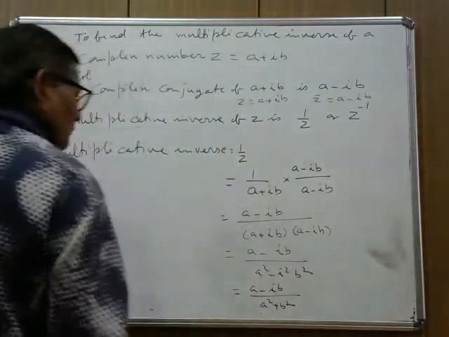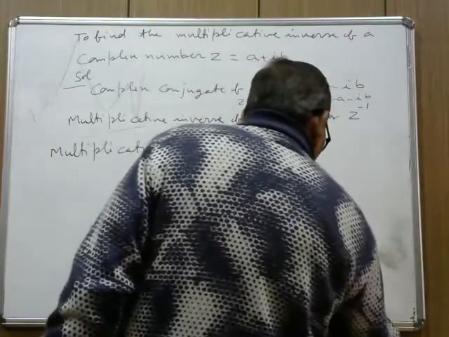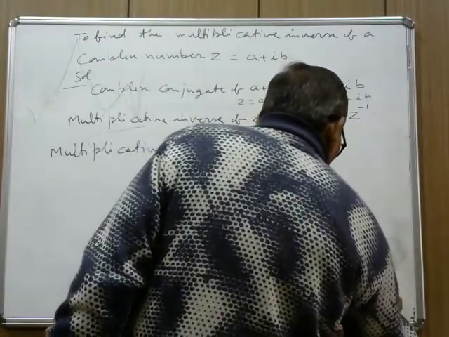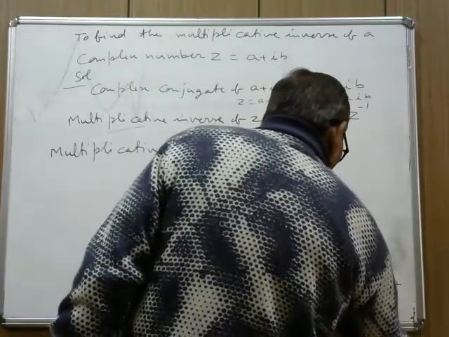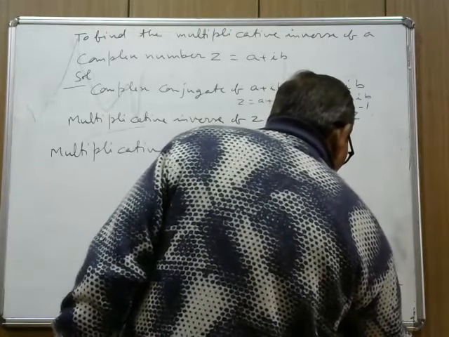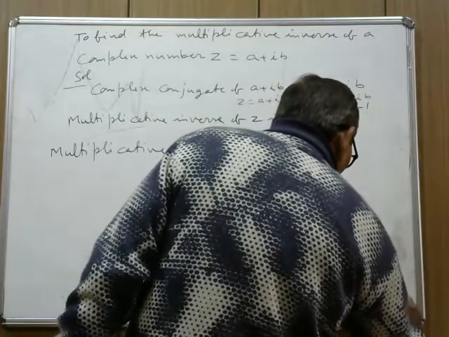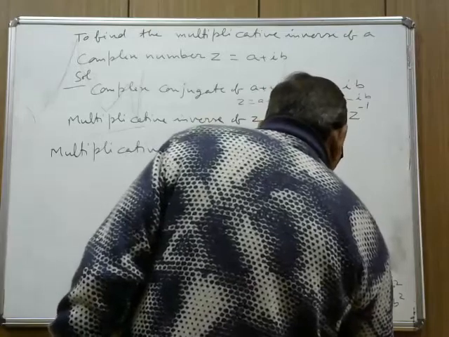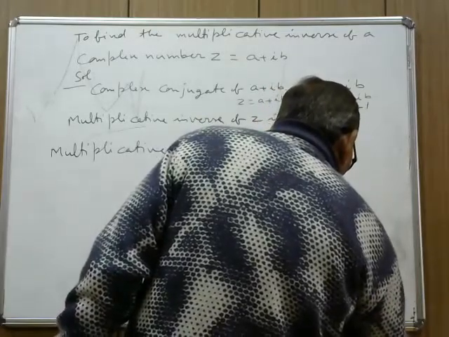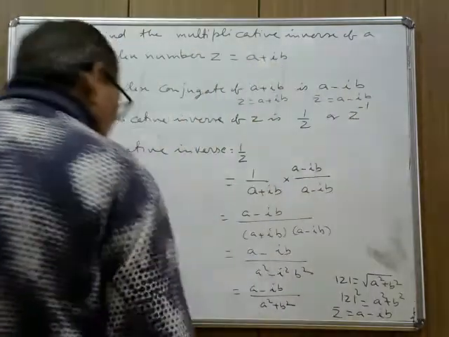As you know, mod z equals under root a square plus b square, then mod z square equals a square plus b square, and z bar is a minus ib. From above it is clear.